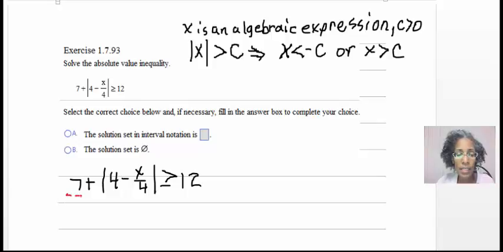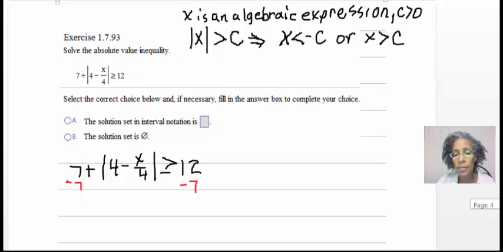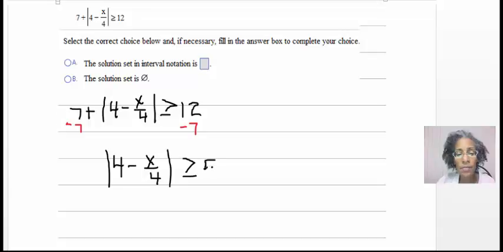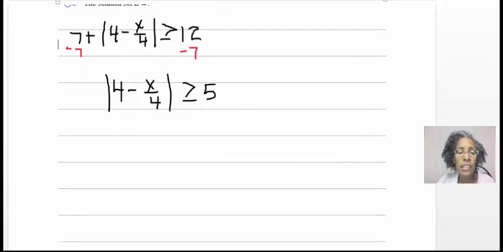I'm going to subtract 7 from both sides, and I'm left with the absolute value of (4 minus x) over 4 is greater than or equal to 5. And so using what my property tells me, and notice the connecting word here is or.